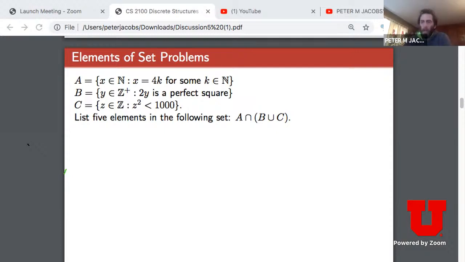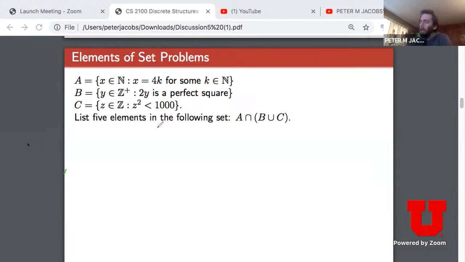All right, so I hope you've had some time to look at that problem. Would anyone like to either type in the chat or shout out one element that they think is in A intersection B union C? Then we'll start by checking it, and then we'll write out the remainder. So Colton says 8. So let's check 8.